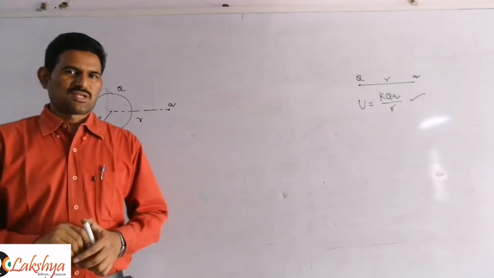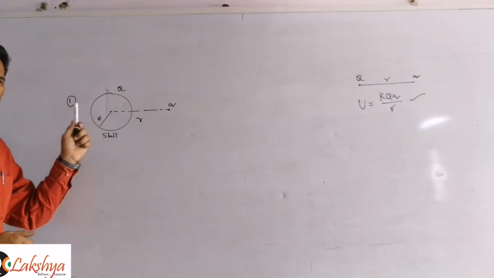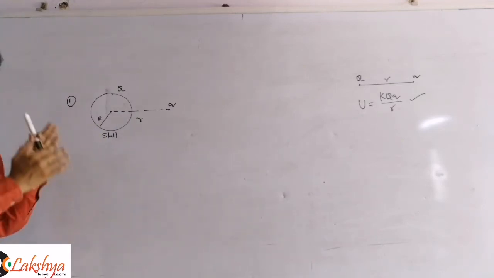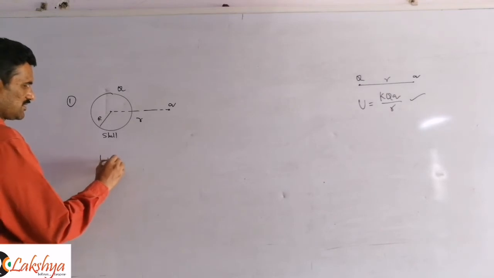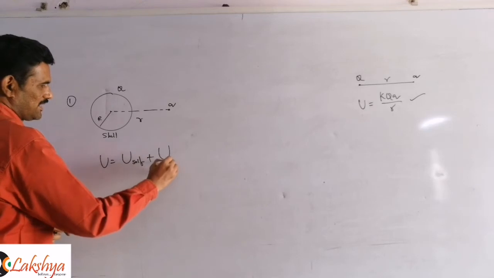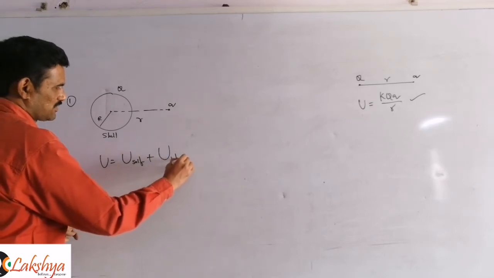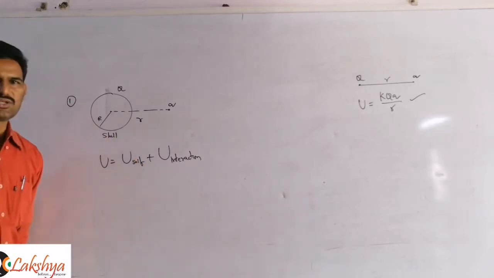There is no concept of self energy for point charges. But here there is a spherical shell, which is a charged object. So now for this, we need to write self energy plus interaction energy here.